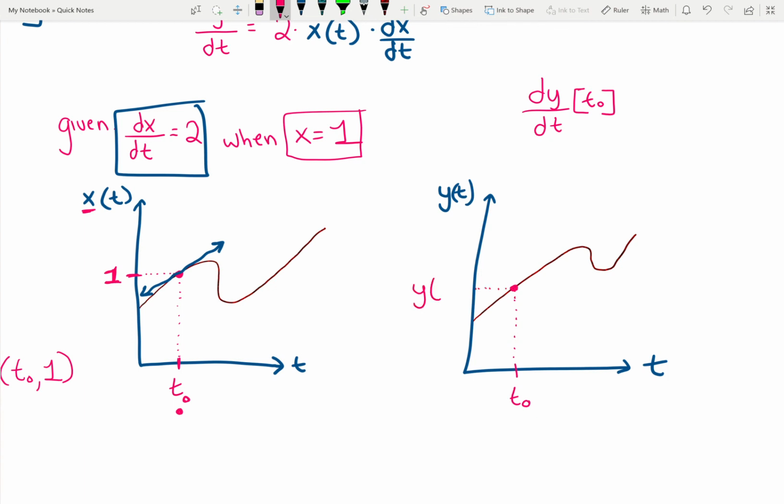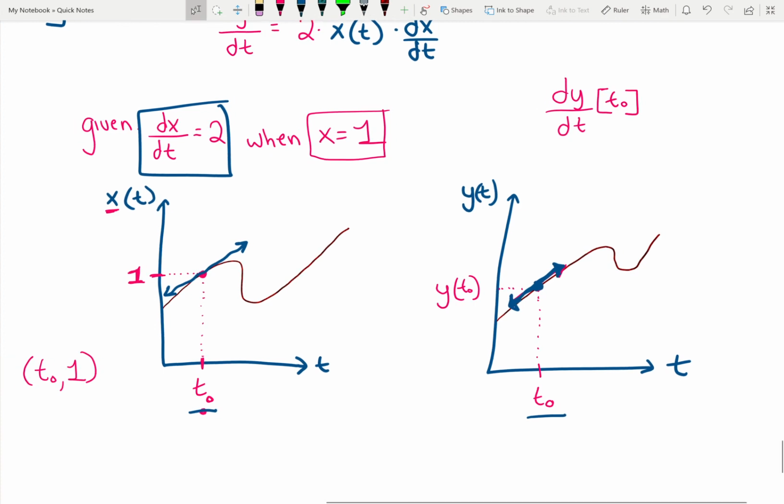So that'll be y. And our goal is to find the slope of the tangent. What is the slope of this tangent at this point? Okay. So notice I'm using t naught for this, and that's all because of the information that's given to us. So hopefully that makes sense.